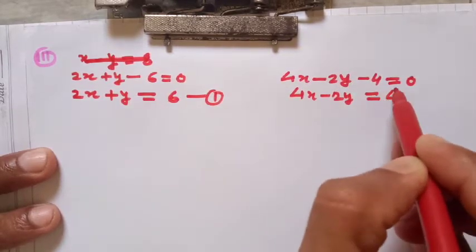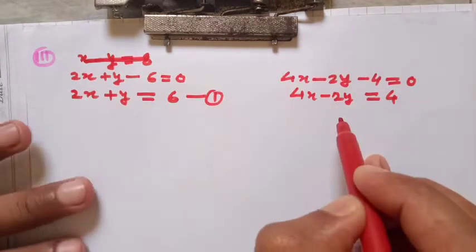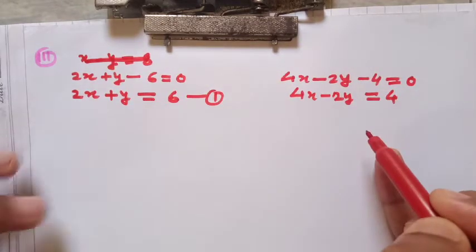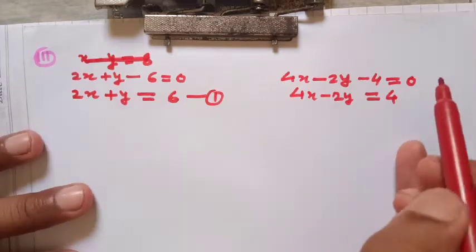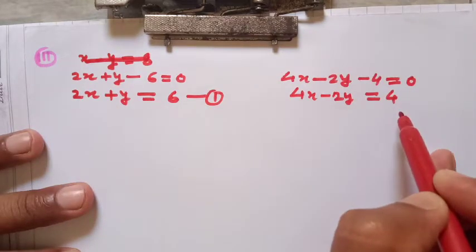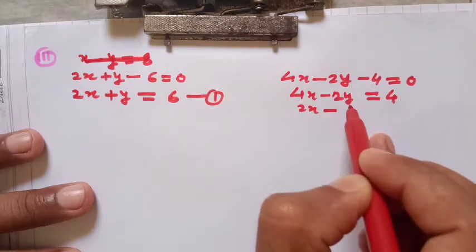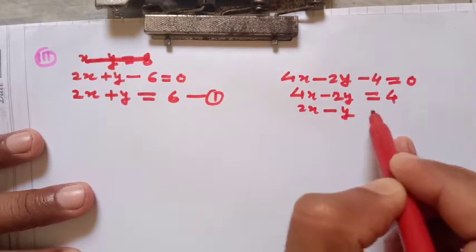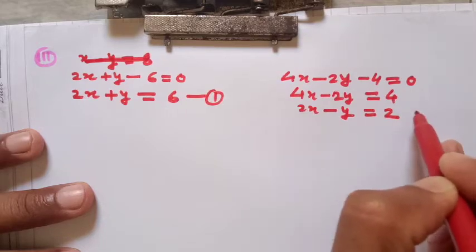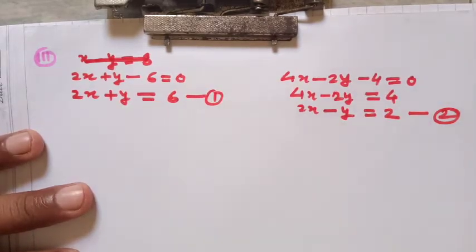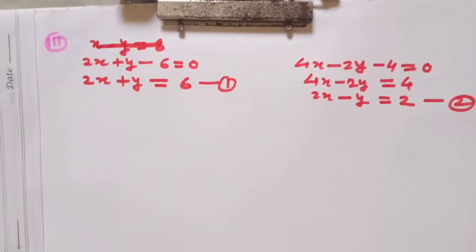When you shift the constant term to the RHS and simplify both sides, because 2 is the common factor here, you should divide the entire equation by 2. 2 into 2 is 4, it means 2x, minus 2 into 1 is 2, it means only y, and 2 into 2 is 4, equation number 2.